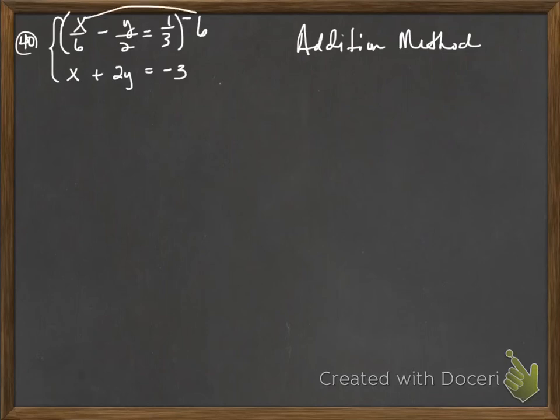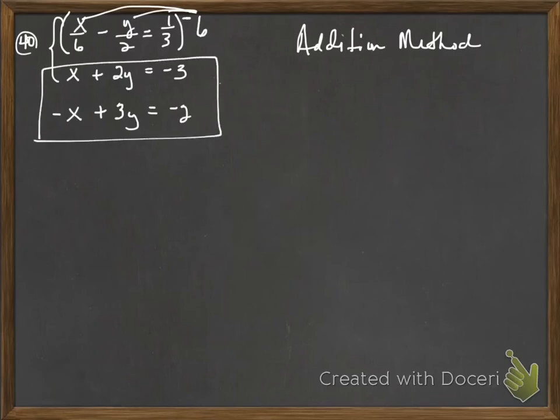So negative 6 times positive x over 6 is negative x. Negative 6 times negative y over 3 is positive 3y. And negative 6 times 1/3 is negative 2. Now we're going to add these equations. The x's cancel. I get positive 5y is equal to negative 5, and so y is equal to negative 1.